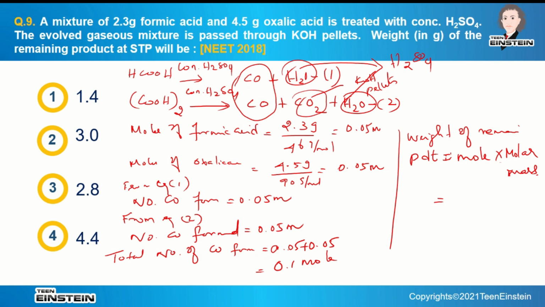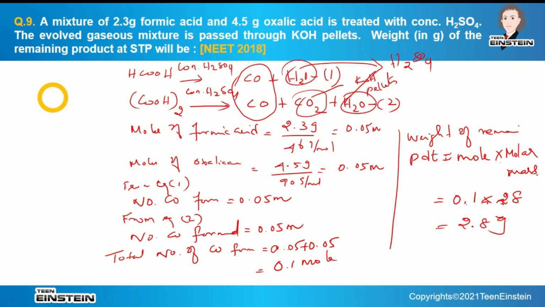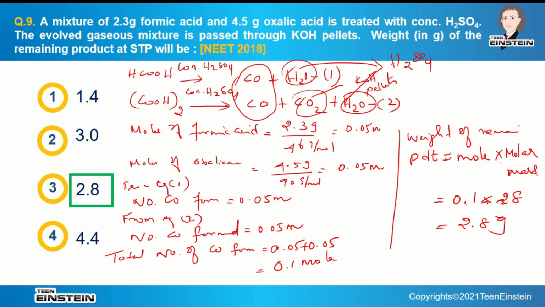Here the number of moles of carbon monoxide is 0.1 and the molar mass is 28. So the net weight of the remaining product is 2.8 gram. So the option is 2.8 gram.